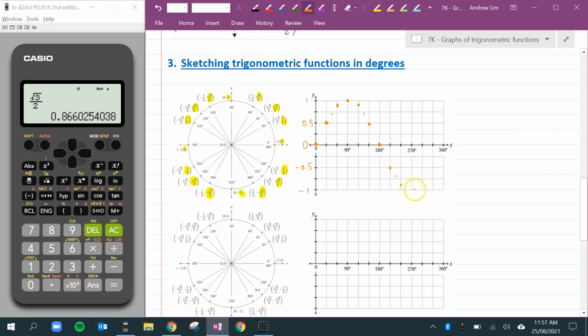Let's say it's about there. And then negative 1, and it's going to go back. And then 360 degrees is back at 0. So now that we've done that, we can join the dots. It should give us a nice curve.